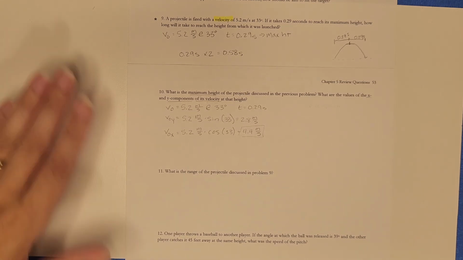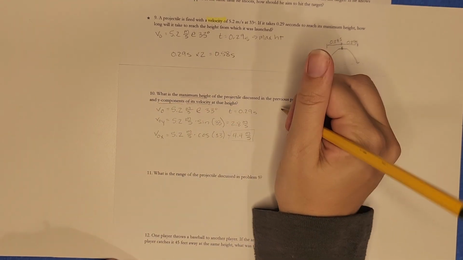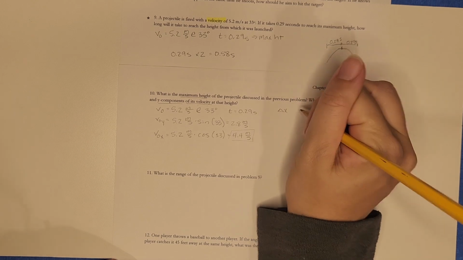I came across this one because I did it a different way than what the solutions manual showed, so I'm going to show you both ways just to demonstrate that there are a couple of ways to get the answer to this problem. So the way that I determined this is using this delta x equation.